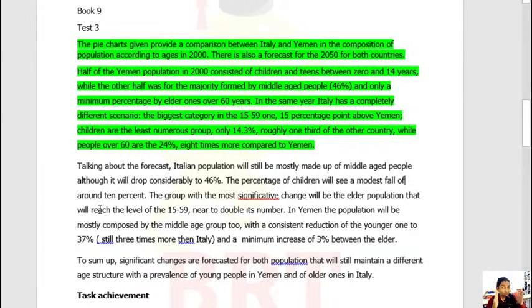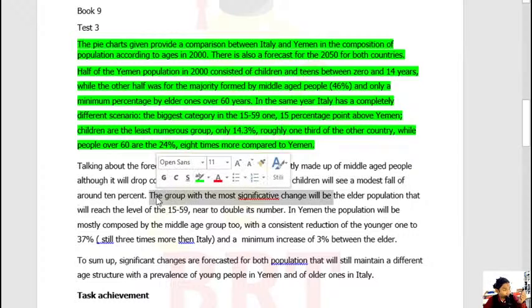Now, again, keep it simple. Simple, less is more. Not more is more. The group with the most significant change will be the elder population. Now, this sentence can be totally avoided. He can just say, okay, let's just change it.